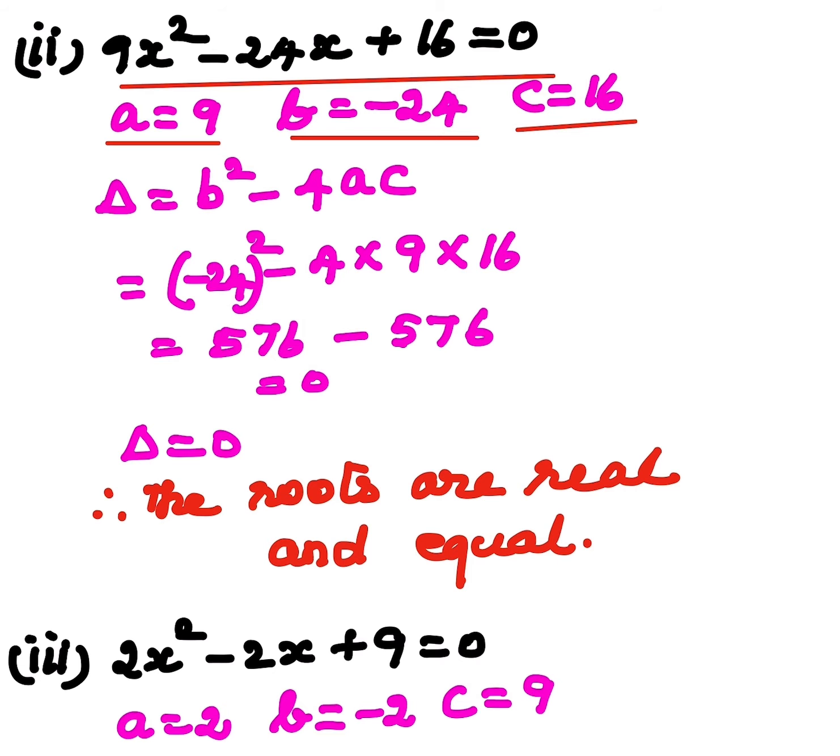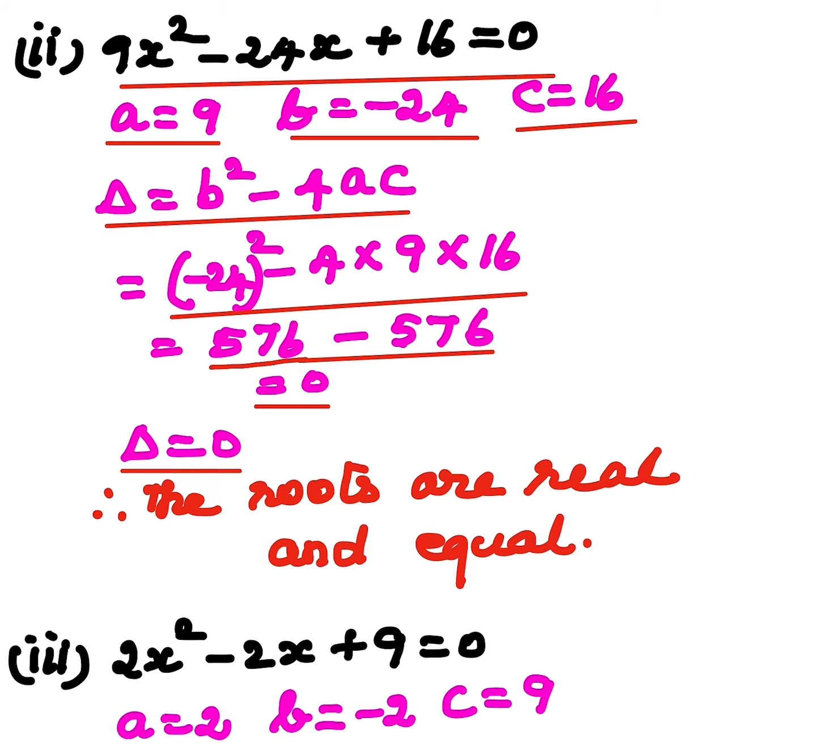The discriminant delta is b squared minus 4ac, which is minus 24 squared minus 4 into 9 into 16. Minus 24 squared is 576, and 4 into 9 into 16 is 576. So 576 minus 576 is 0, and the discriminant delta is equal to 0.